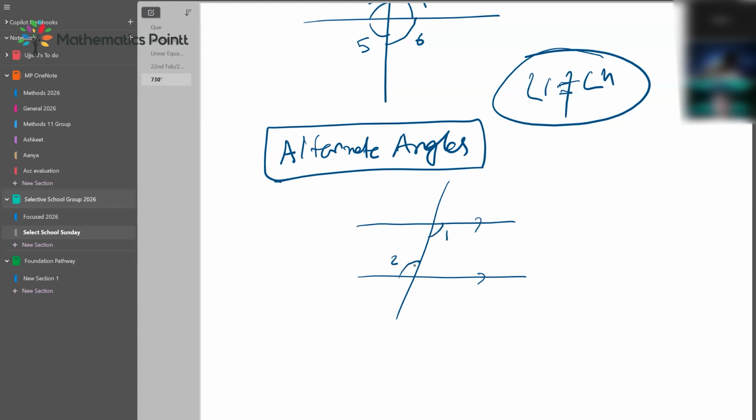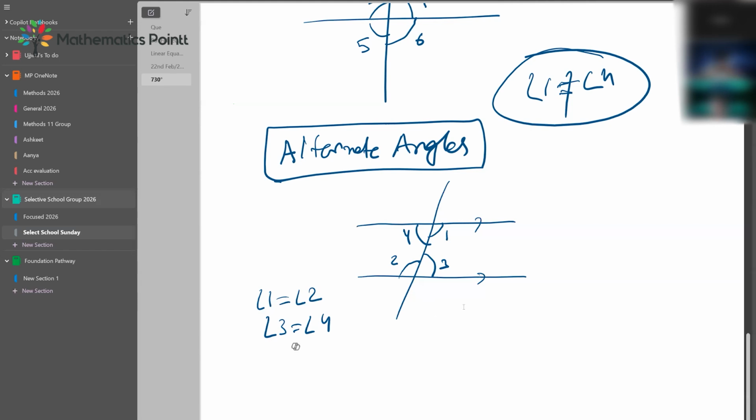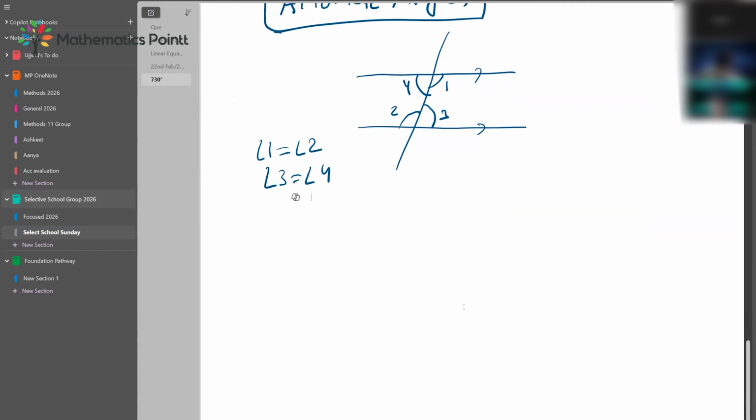Angle 1 and angle 2. Angle 1 is equal to angle 2. And angle 3 is equal to angle 4. Remember that. Lines need to be parallel. They're called alternate angles. Alternate, yeah, diagonally opposite. Diagonally opposite. Inside only.